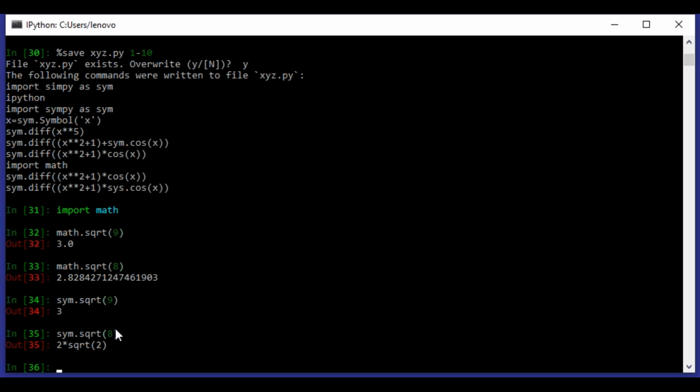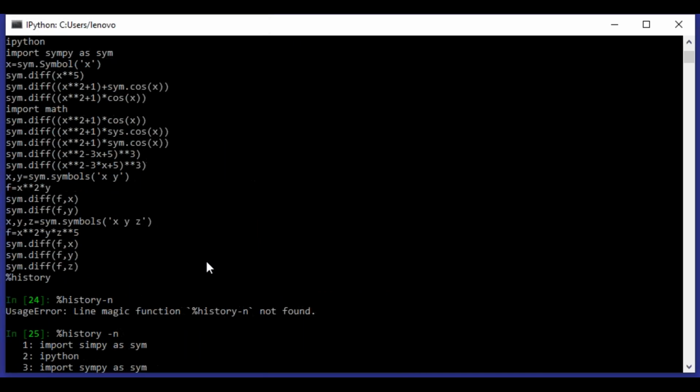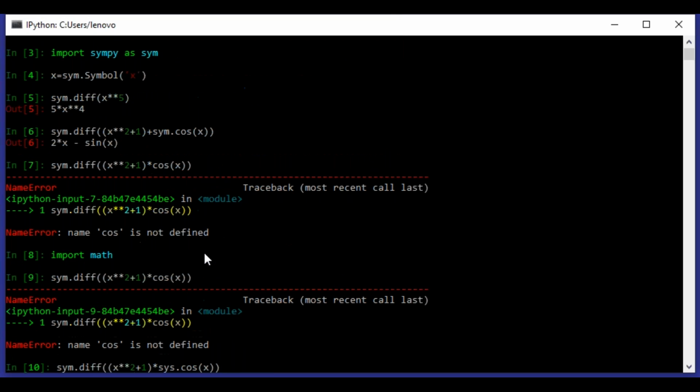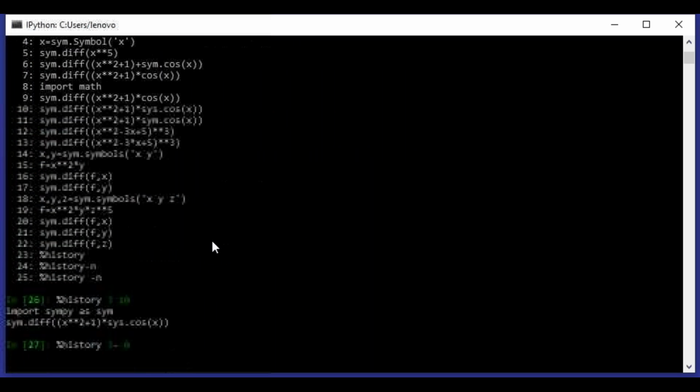Then we can again see, we have not separately imported symbols, x, y equal to symbols x y.